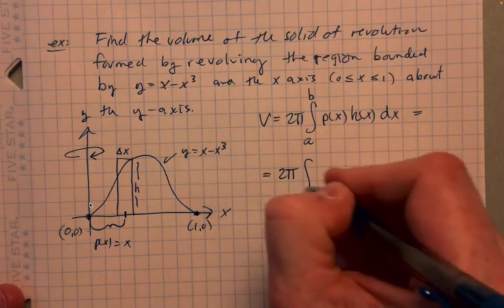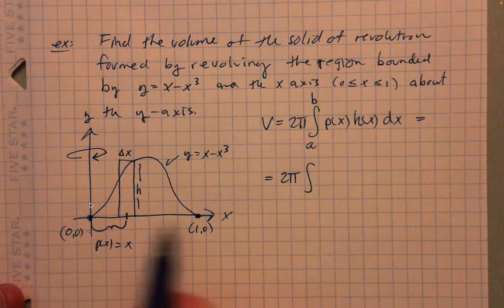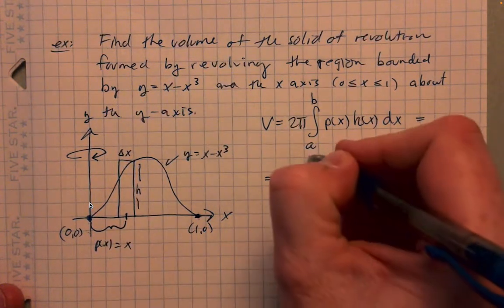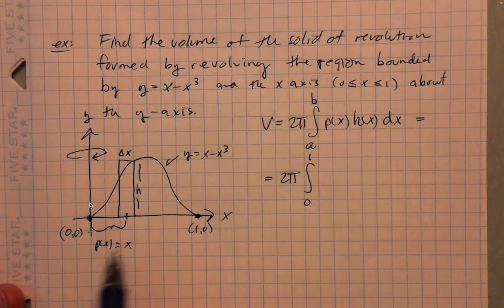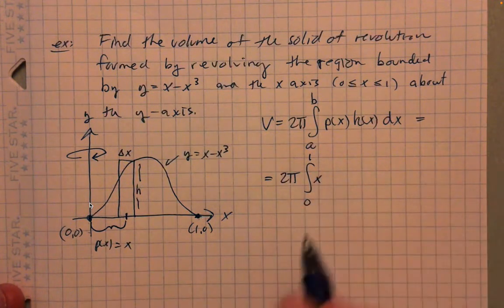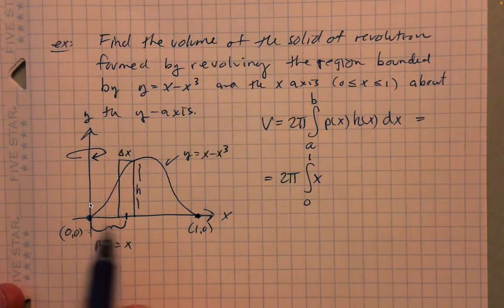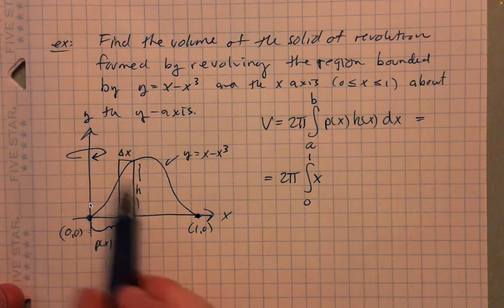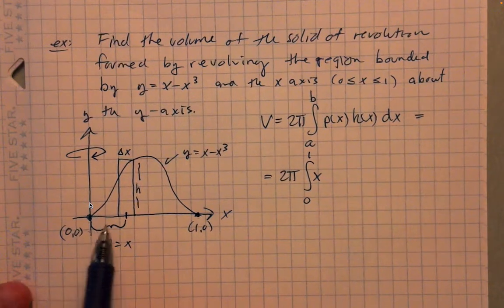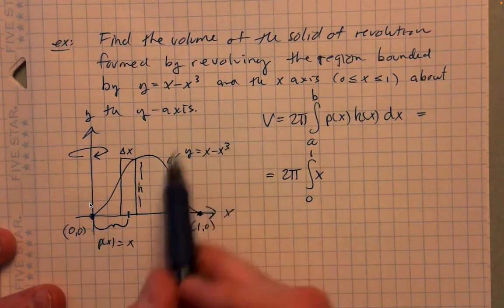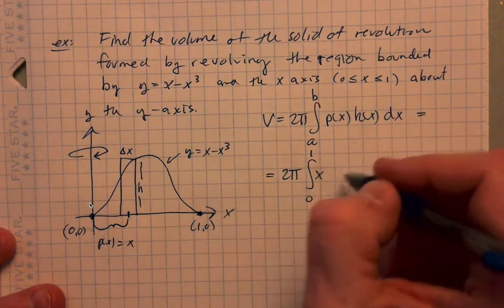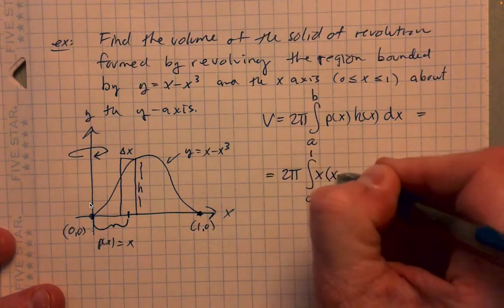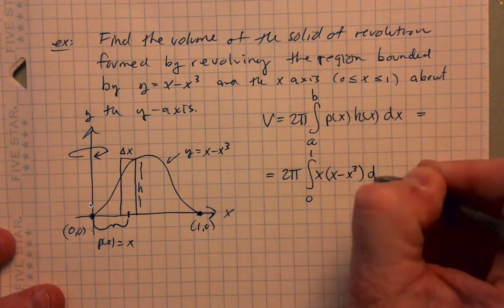We're going to integrate from 0 up to 1. P of x, we say, is just x. It tells us the distance of the average radius of the shell. And then h of x is this function right here, x minus x to the third power.